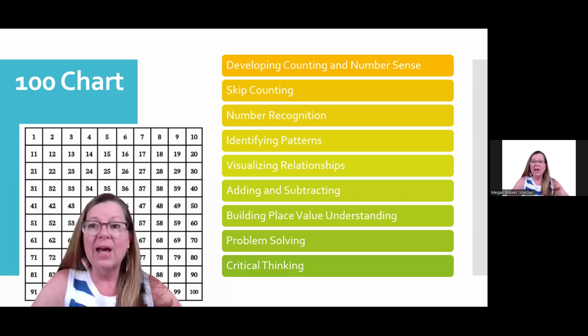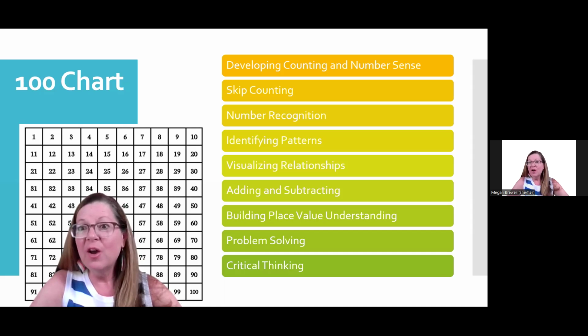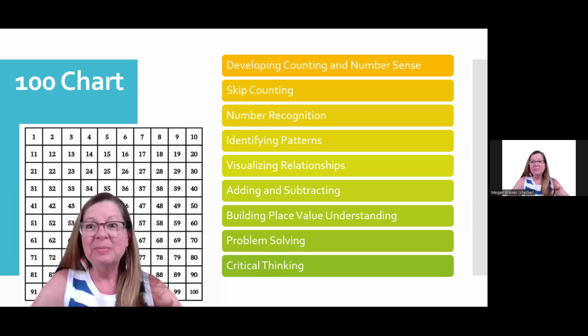Maybe they're using a red crayon and coloring all the squares they land on with skip counting by fives. Skip counting by tens, maybe grab another color, have them color all the numbers they land on when they skip count by tens. Are they overlapping any numbers with the twos and the fives? I wonder why. So having them make these discoveries.